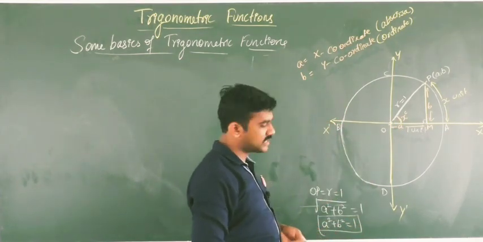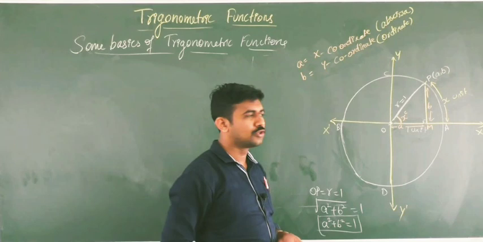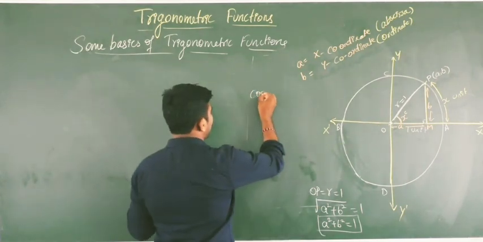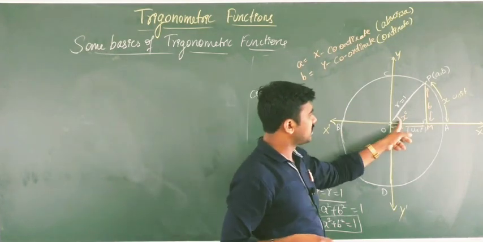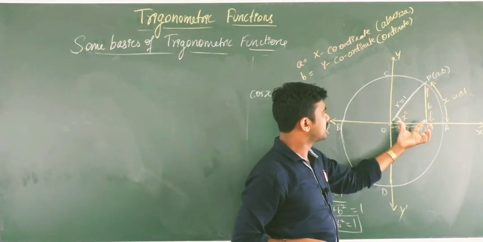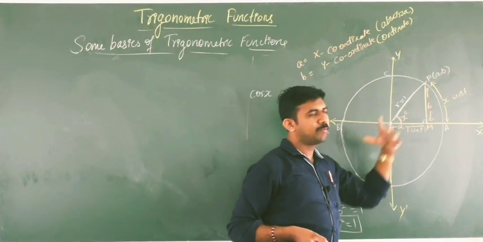Now we can write the trigonometric ratios, that is sine and cos. Cos x is nothing but, see, for this angle this is the opposite side, this is the adjacent side, and this one is the hypotenuse.